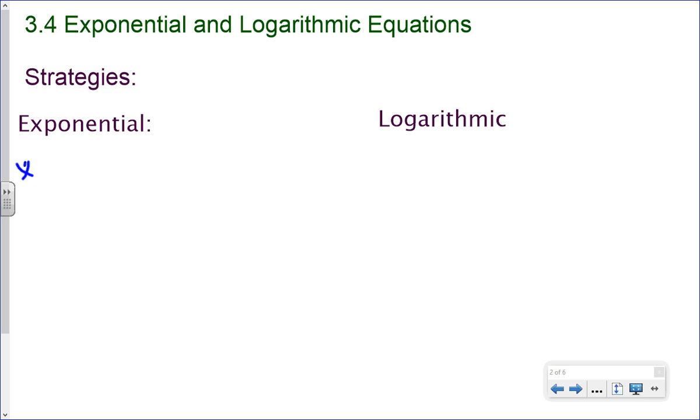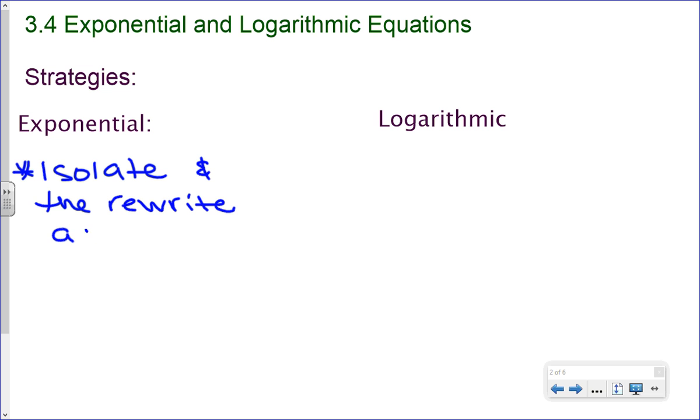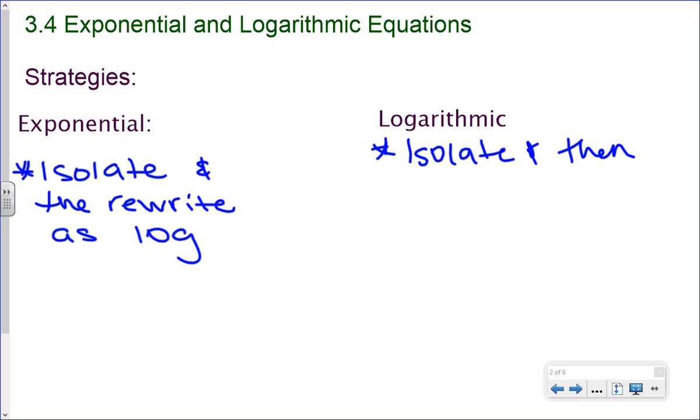So for an exponential, we may want to isolate and then rewrite as a logarithm. For a logarithmic, we can isolate and then rewrite as an exponential.